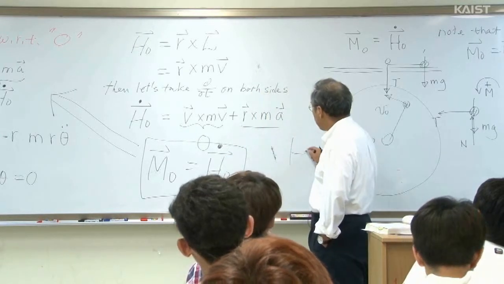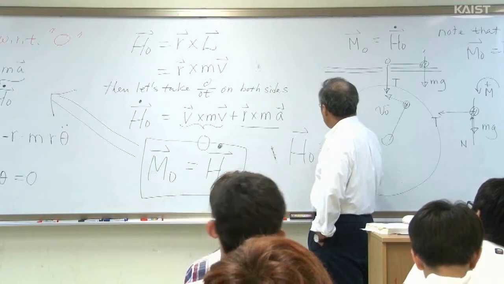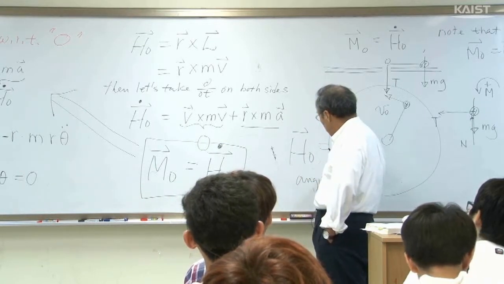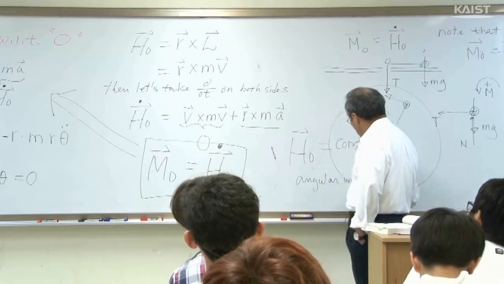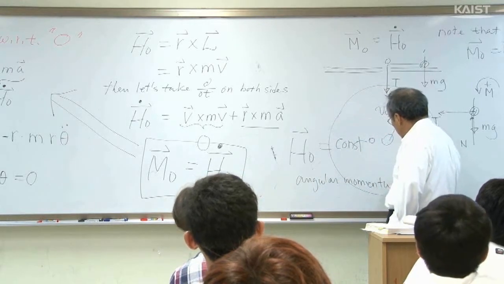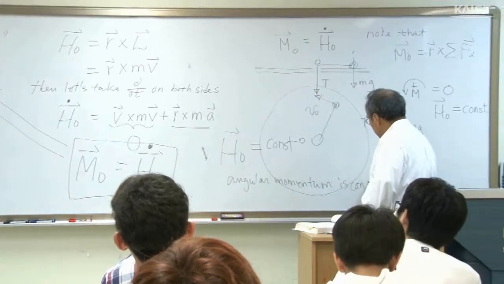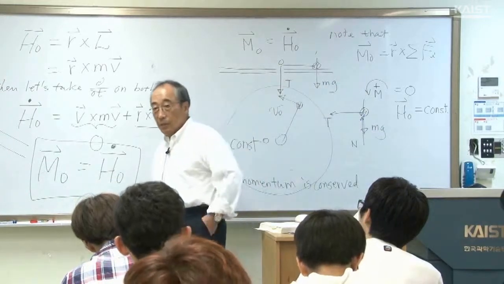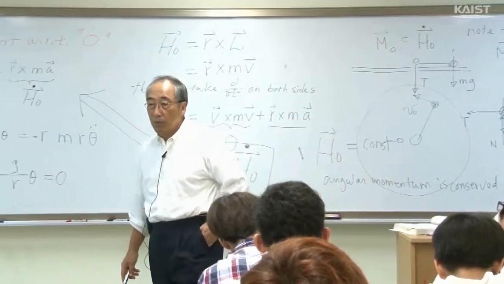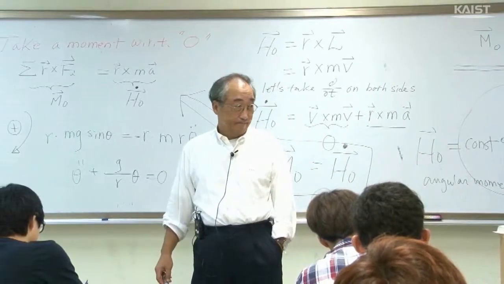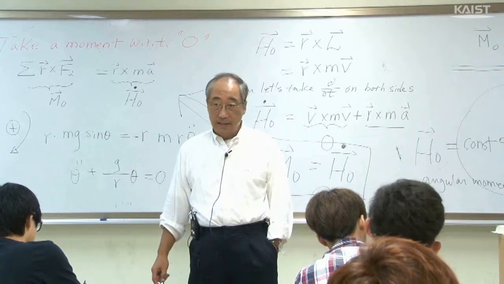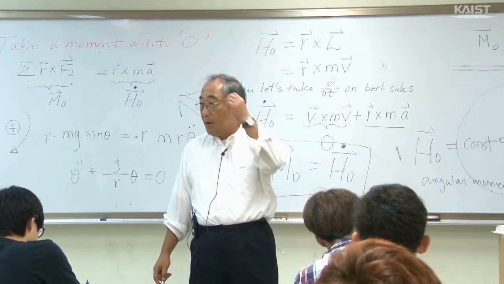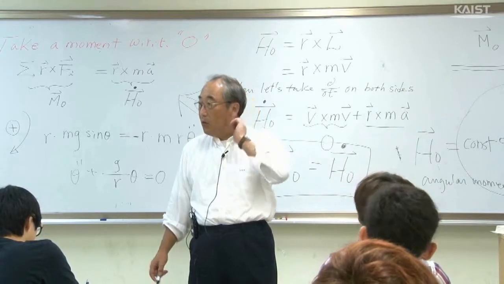So we call angular momentum conserved. Or in short, we can say conservation of angular momentum. Okay? That is an interesting outcome of seeing Newton's second law differently.